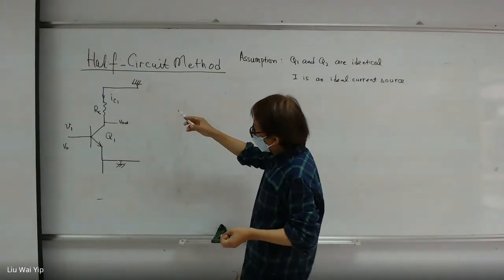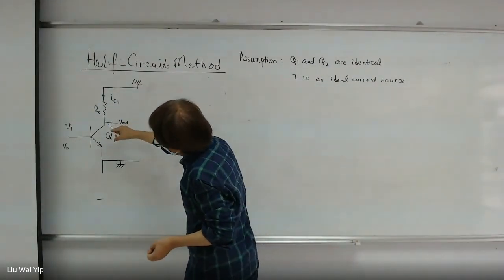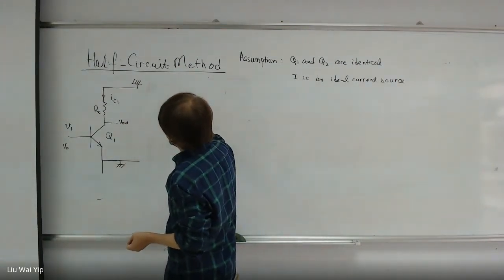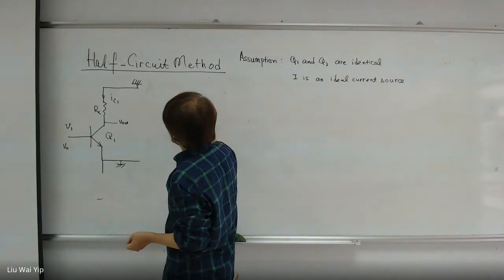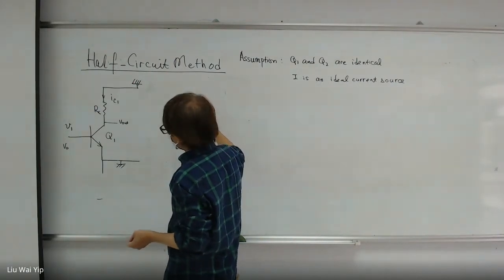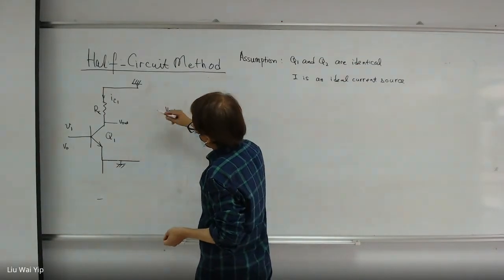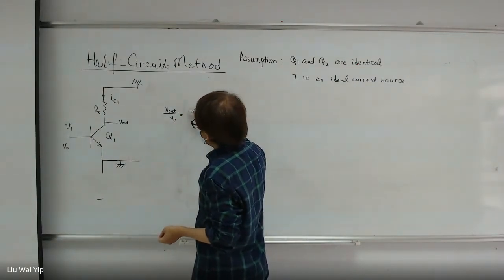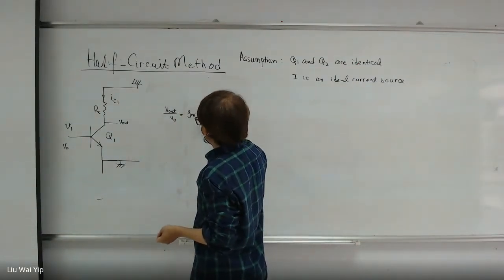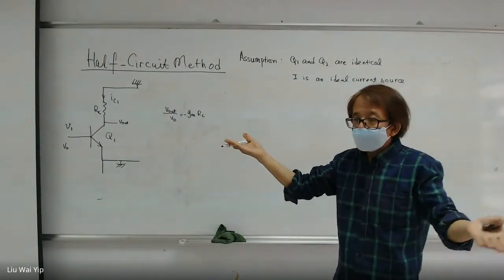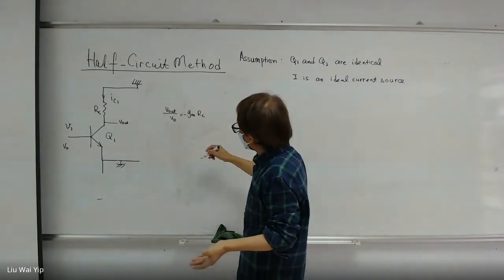So by direct observation here, the voltage gain Vout over VD is equal to what? It is equal to minus gm RC. So this is all. This is the so-called voltage gain.